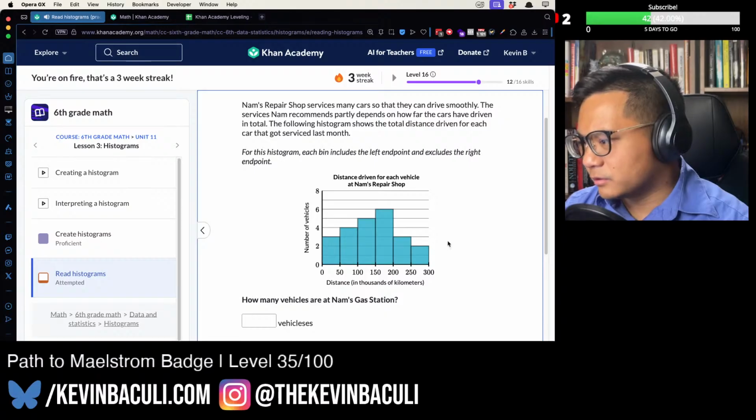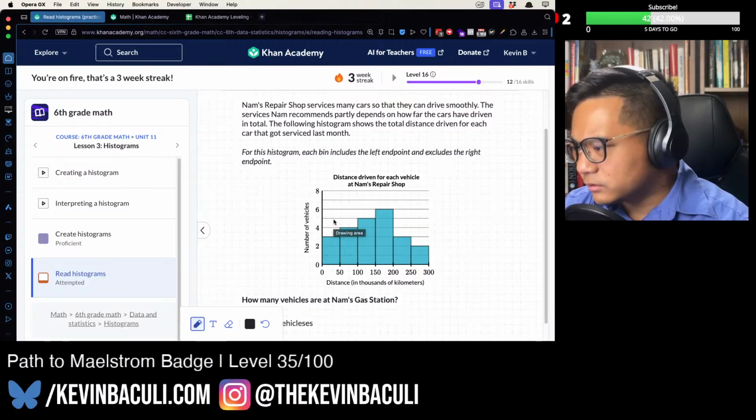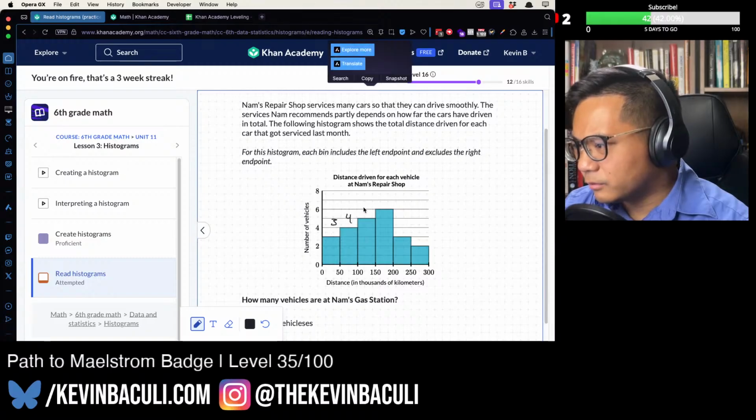How many vehicles are needed? Let's see. 3, 4, 5, 6, 3, 2, 12, 18, 21, 23.